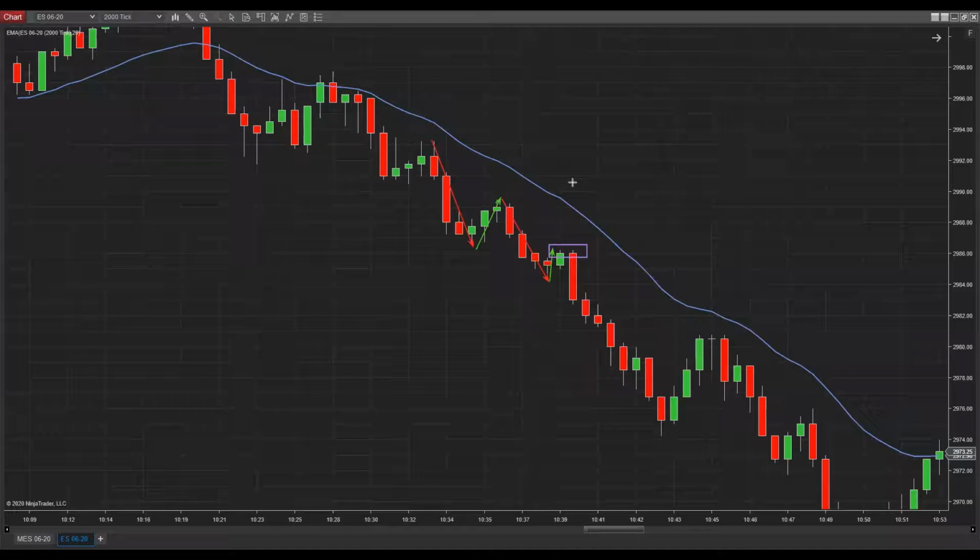We see a couple of things here. First, we see why it's called a failed second entry. It's called a failed second entry because the entry after the two-legged pullback is called a second entry.